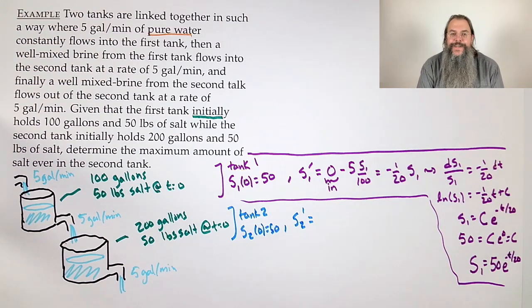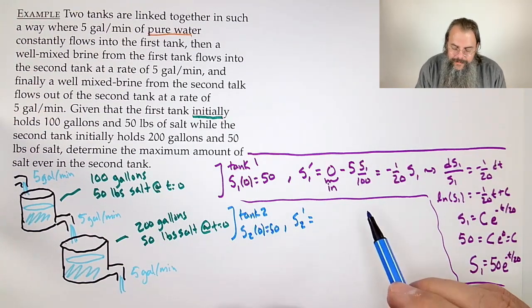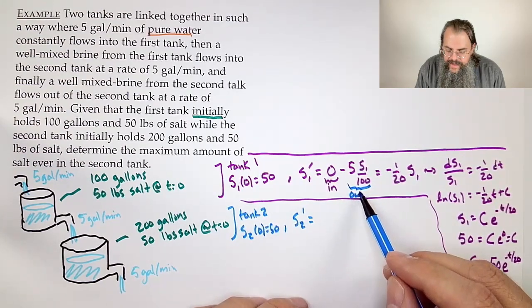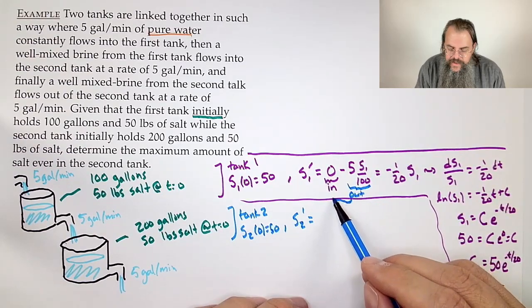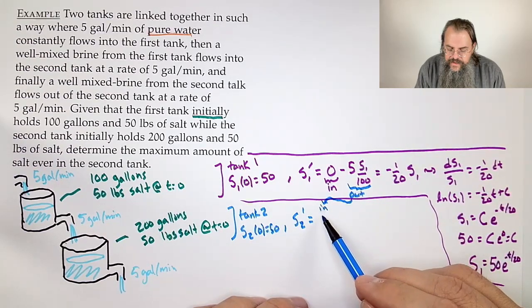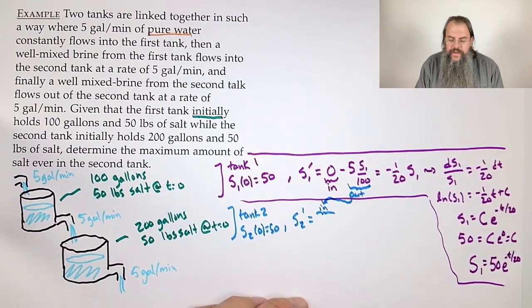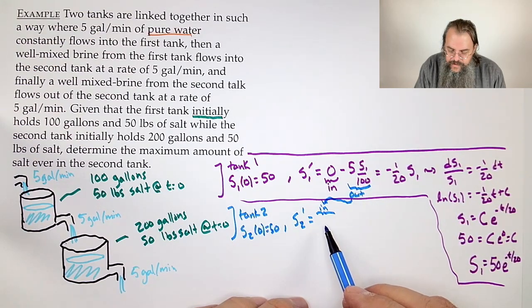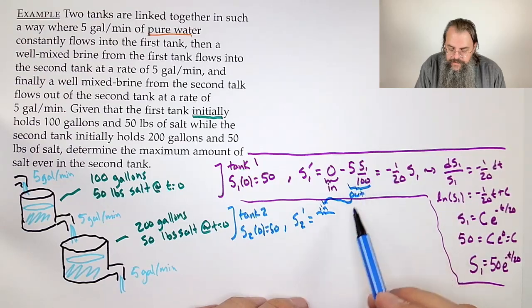Well, the answer is we can actually come look at here, right? Because this part right here, this is out of the first tank, and it goes into the second tank. And we know what S1 is. And so we say, oh, well, great. Well, what is this? So this is going to be this 5 over 100.